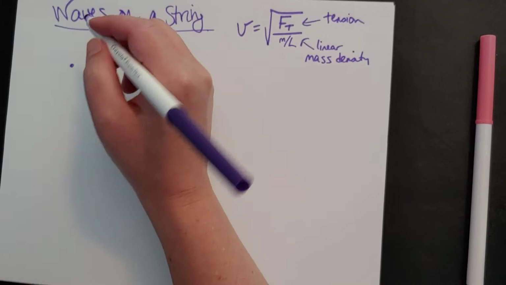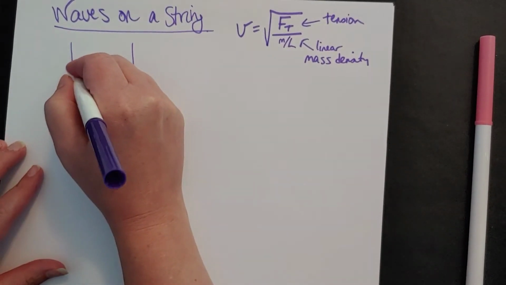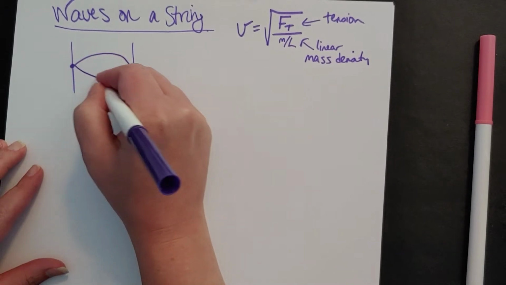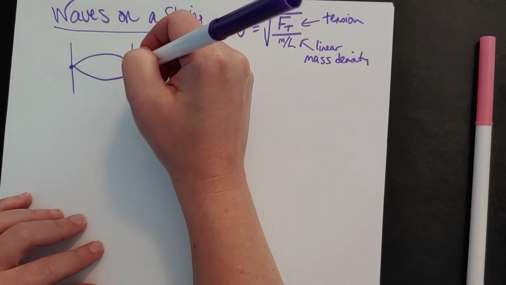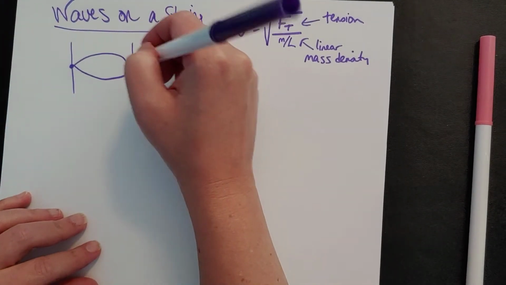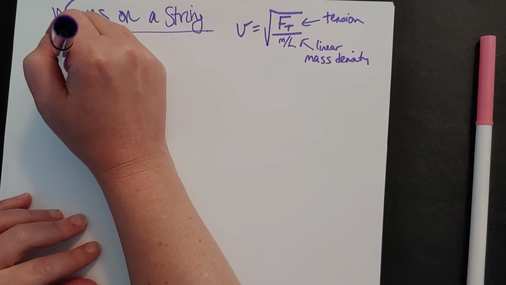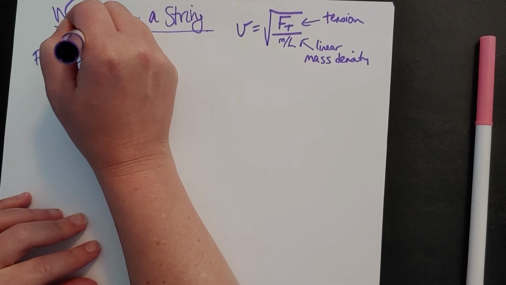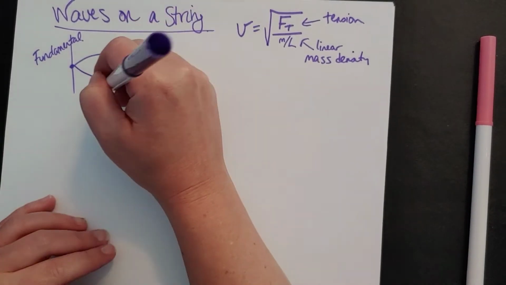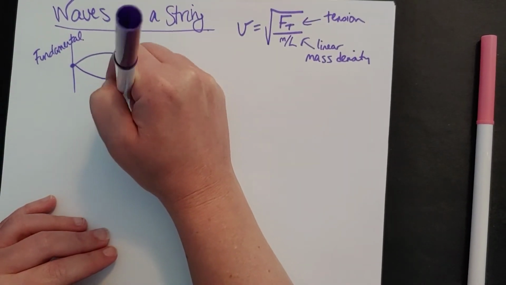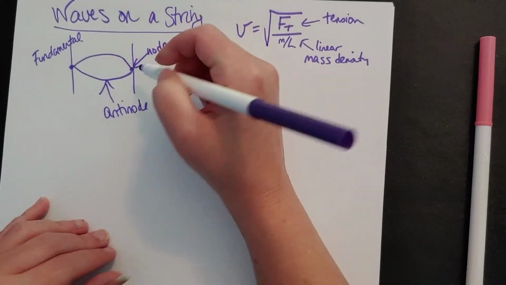You get something called a standing wave when you do a wave on a string, and the first part of a standing wave on a string is this fundamental. That is an antinode, and that is a node, right?